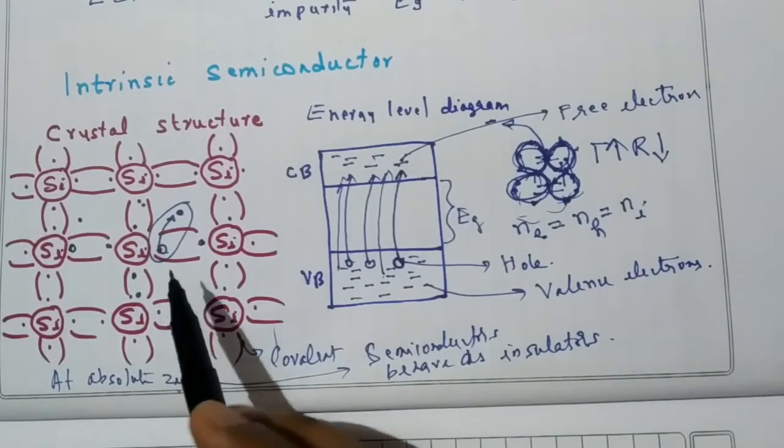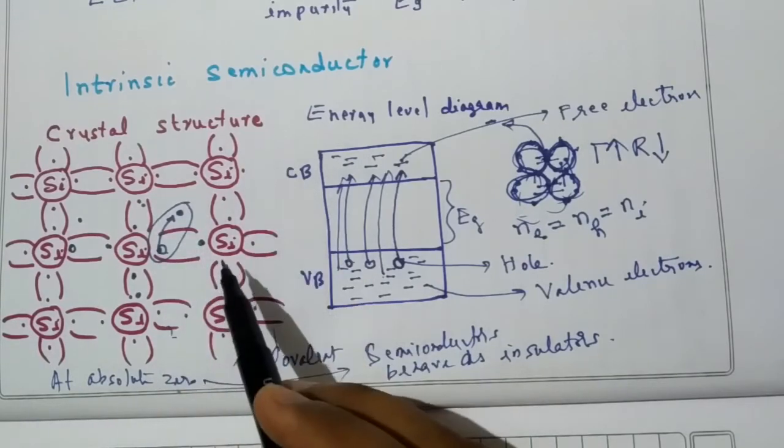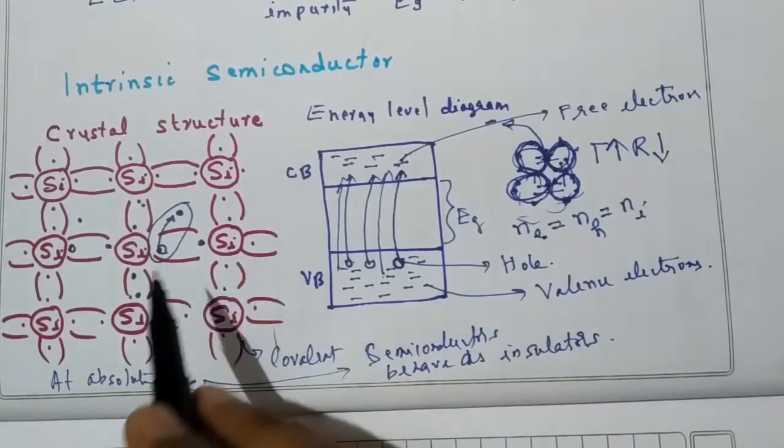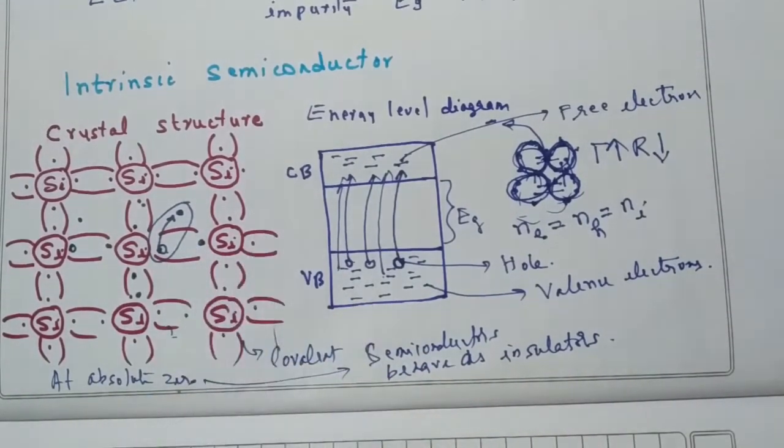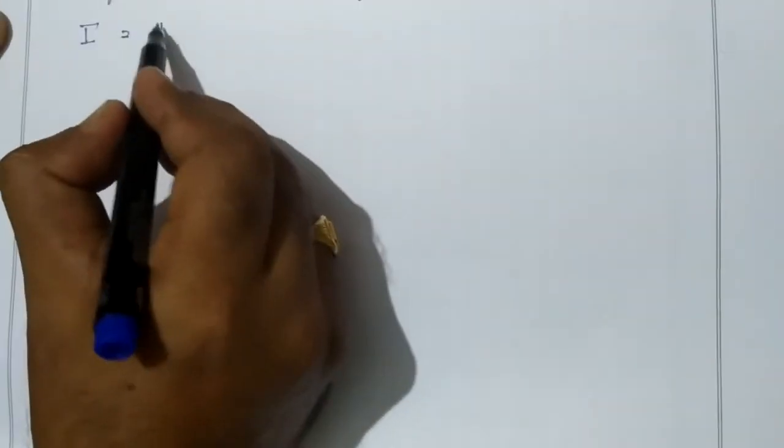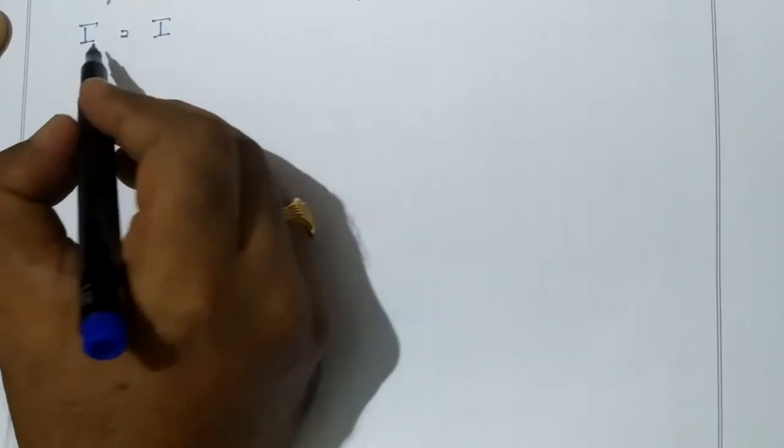So there will be conductivity, and the conductivity is due to the electrons. So we say that the current will be equal to the current due to electrons.